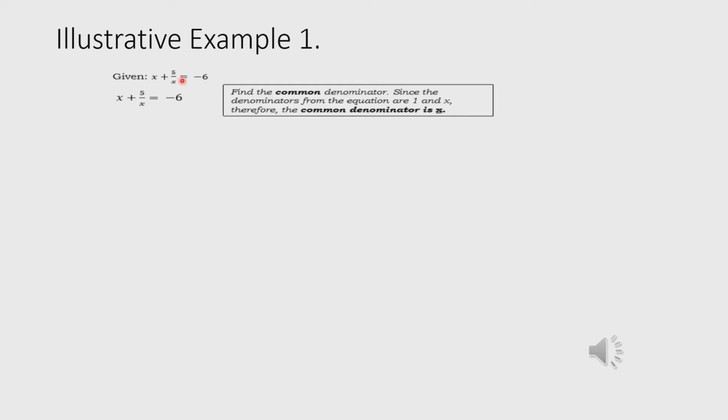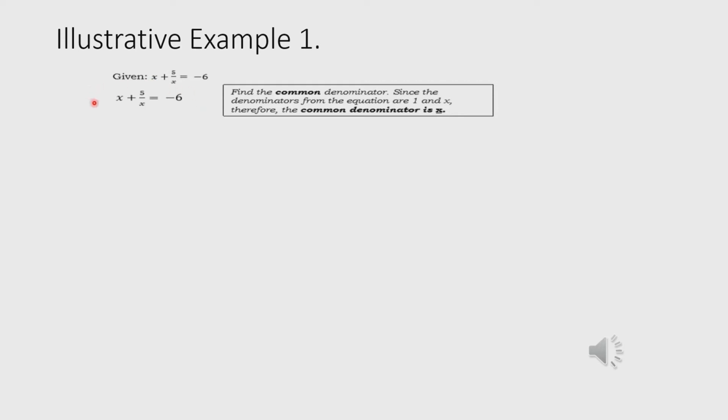From here, you can see that the second term is in fractional form, 5 over x. So therefore, this is an example of rational equations.